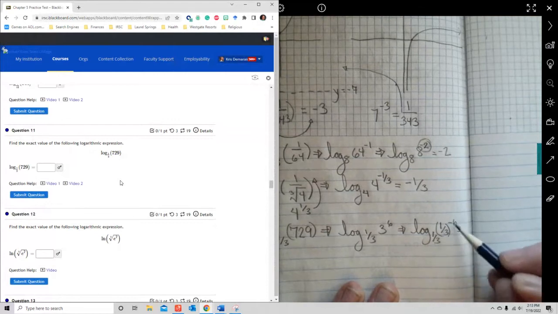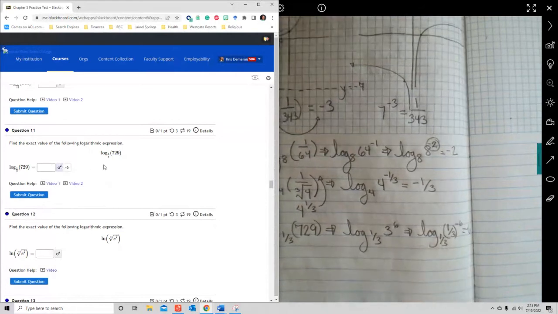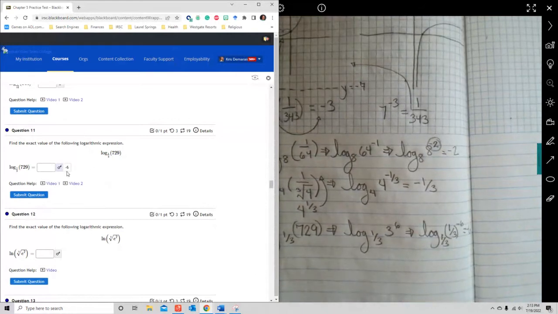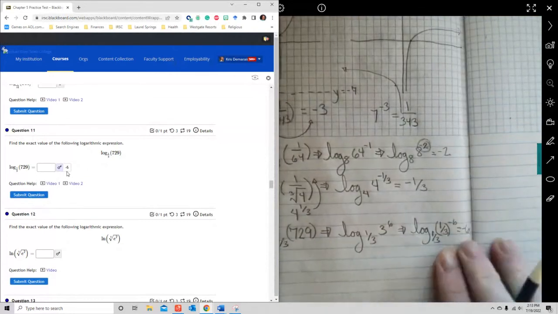Now these match, and I'm left with just -6 as my answer. That's the answer we're looking for, and that's how you proceed to do those kinds of problems.